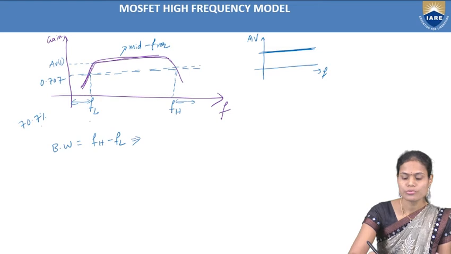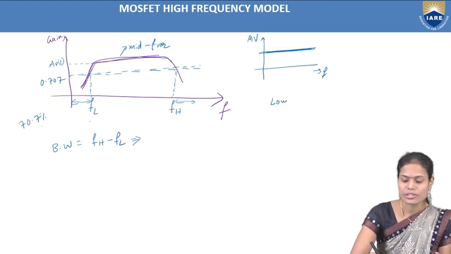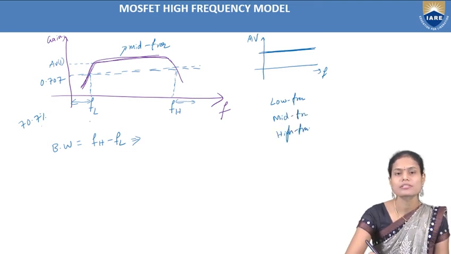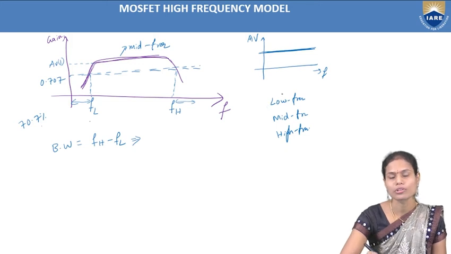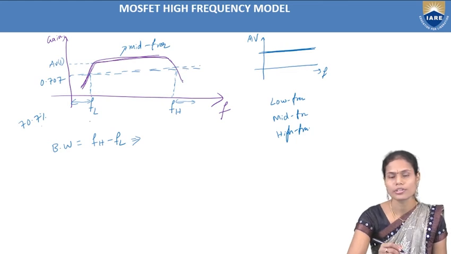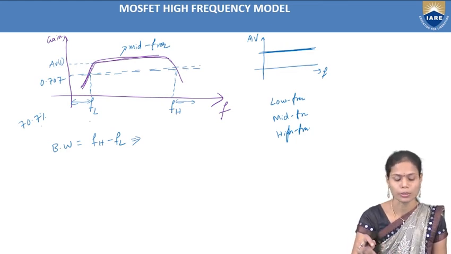So suppose we take the low frequency range, mid frequency range and high frequency range. What capacitances are affecting in these particular frequency ranges, and because of that effect how the gain is increasing or reducing, we will see now.